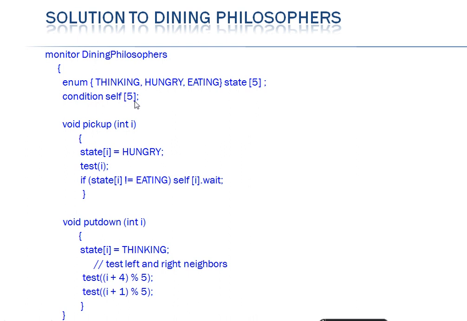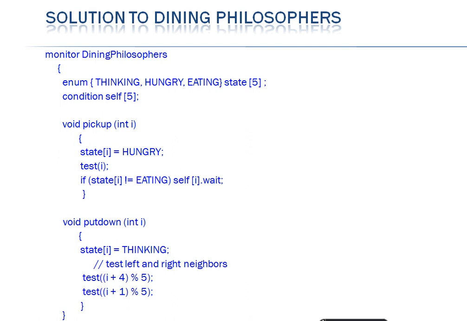Again, we have discussed that there were 5 chopsticks, so condition self again is 5 in number. Then we have the associated operations. What will be the operation? When it is thinking, it will put down the chopstick. When the philosopher is hungry and wants to eat, it will try to gain access over the chopstick, right?